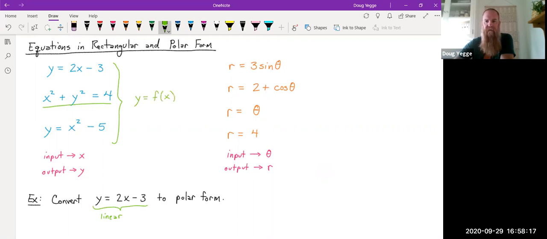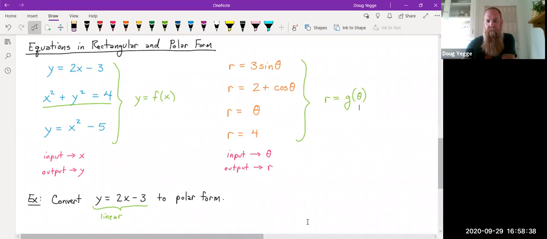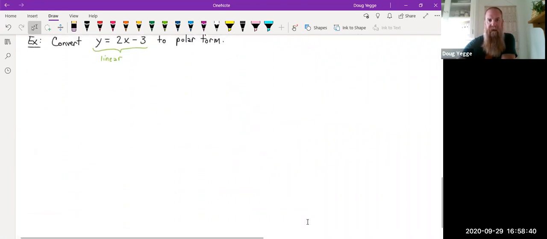So we oftentimes are just trying to solve for y when we're converting into rectangular form. But you might notice what's common over here is that all of these have solved for r. More specifically, r as a function of theta, which means that if we're going to convert this equation into polar form, by the time we're done, we should have r is equal to some function of theta.